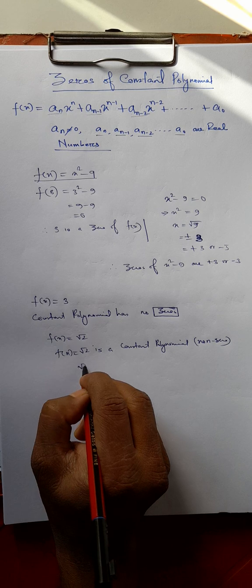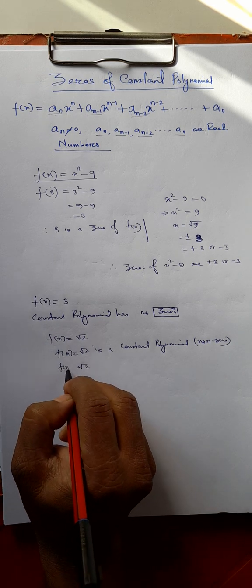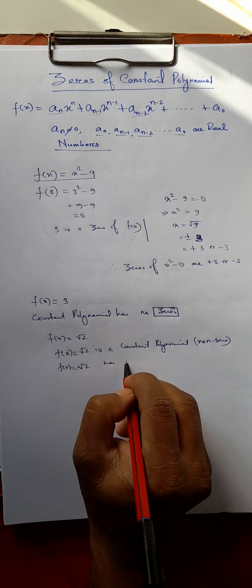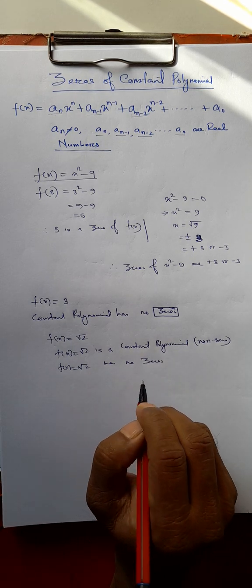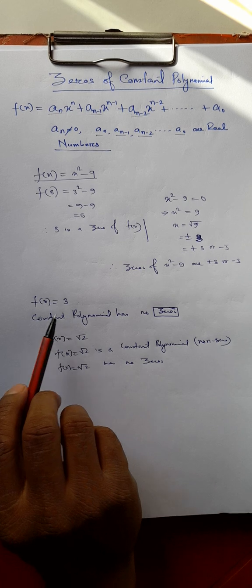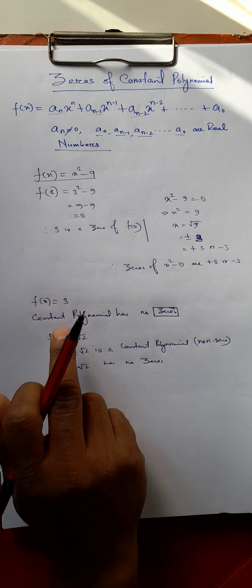Therefore, this polynomial has no zeros. That means a constant polynomial has no zeros, because a constant polynomial will never be 0.